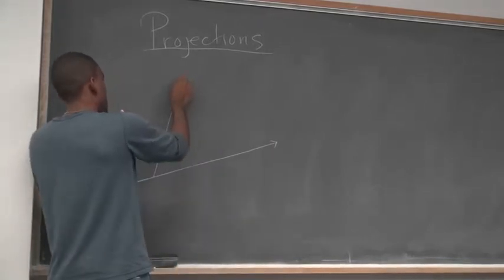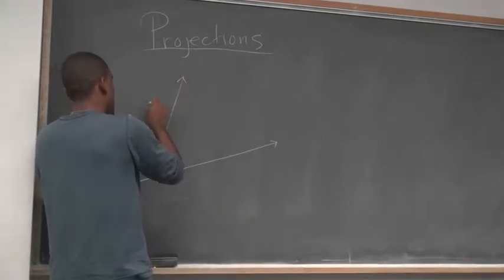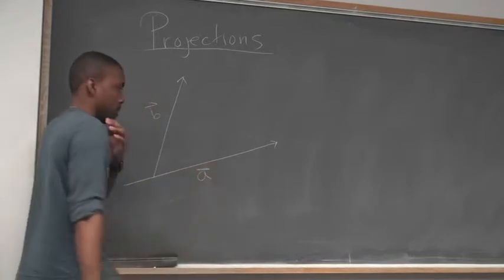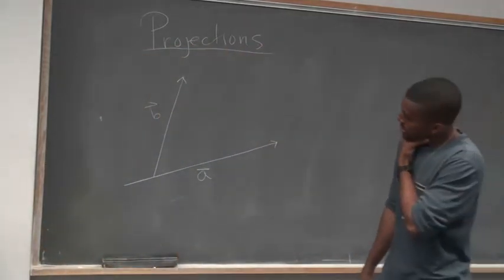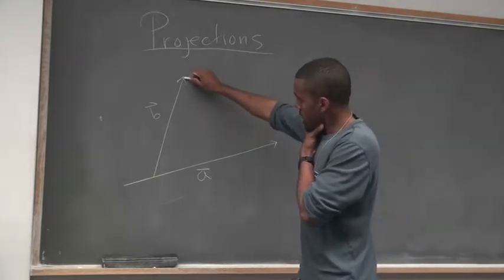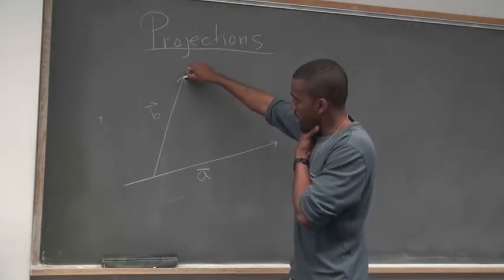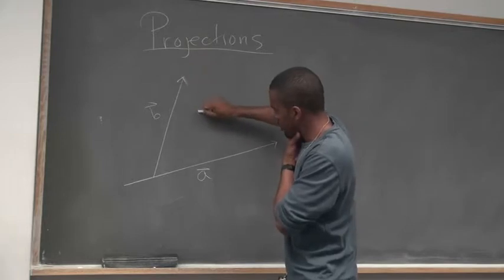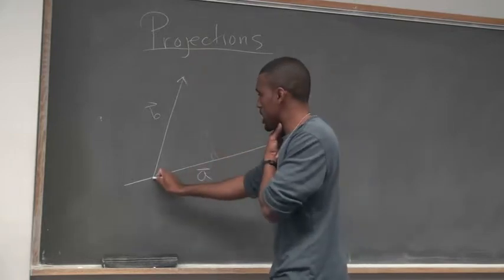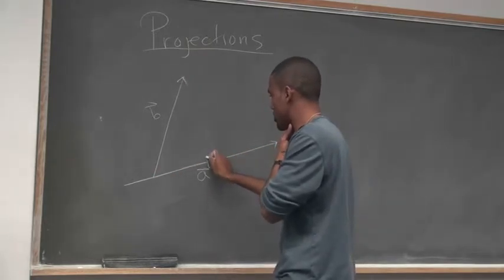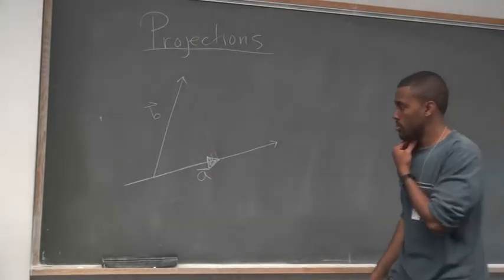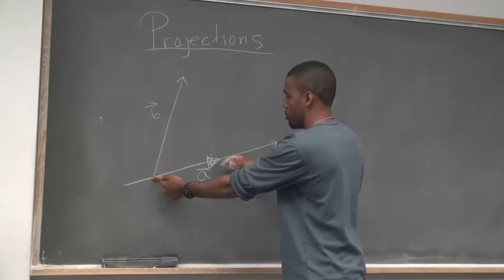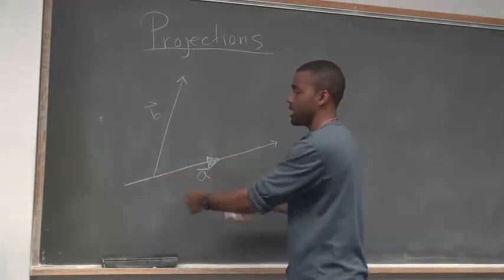Let's say I have two vectors meeting, B and A. Now what I want to do is perpendicularly project the vector B onto A. Let's say I just shine a light down at a right angle, and I want to project that vector here. And so this vector is projected down at a right angle to get that vector.